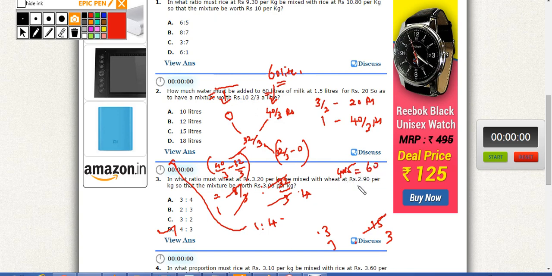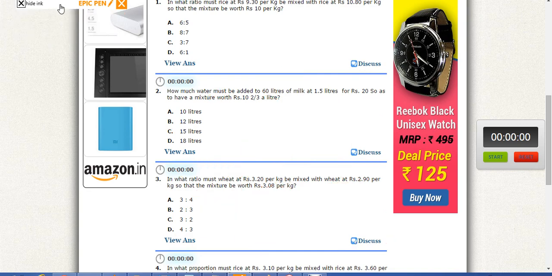So x is nothing but 15. 4x is 60, so x is nothing but 15. So if this 4 represents 60, then this 1 would be 15, right? 4 into 15 gives 60. So my answer would be 15 liters of water I need to add.